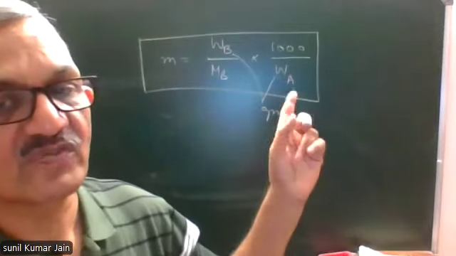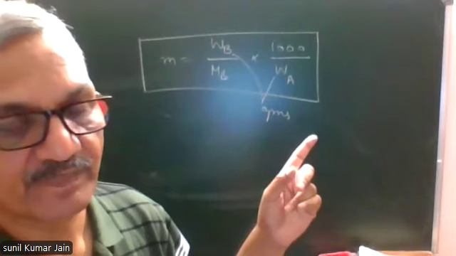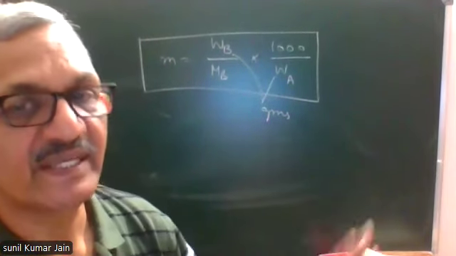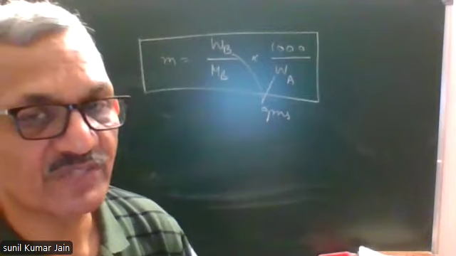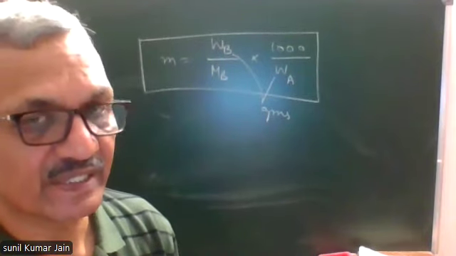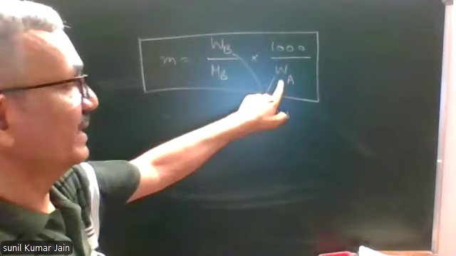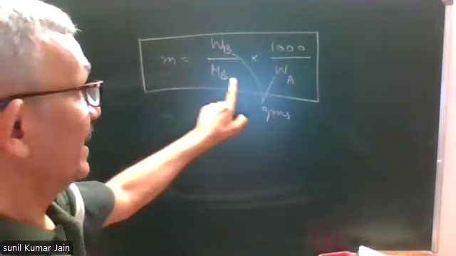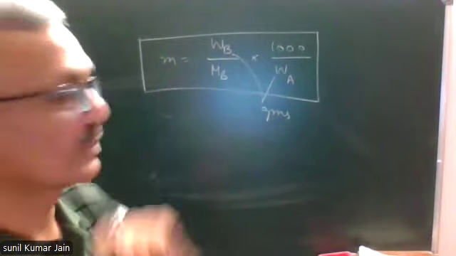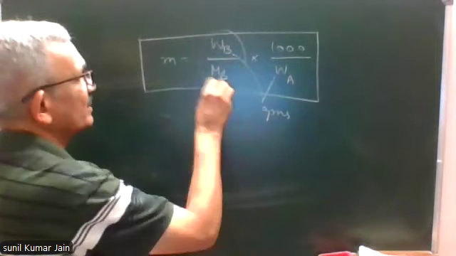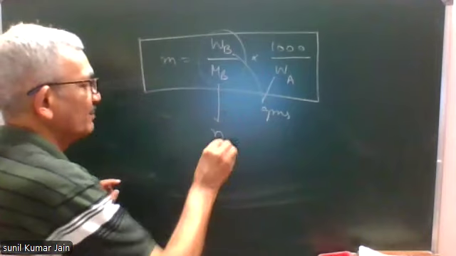Weight of solute and weight of solvent both should be taken in grams. Otherwise, also in general, if units of weight are not specified, weight will always be taken in grams. WB, weight of solute in grams. WA, weight of solvent in grams. MB, molecular weight of solute. Now, this is nothing but NB.